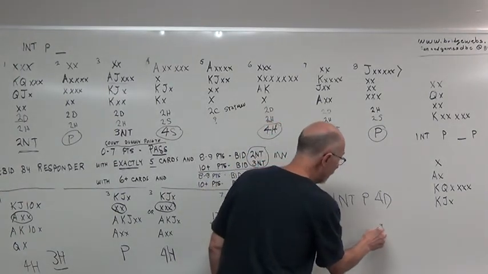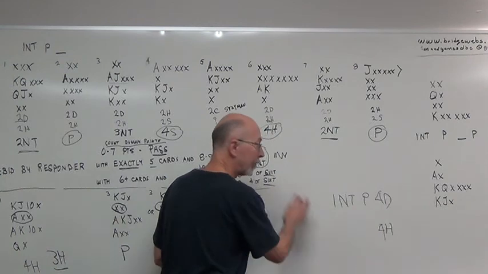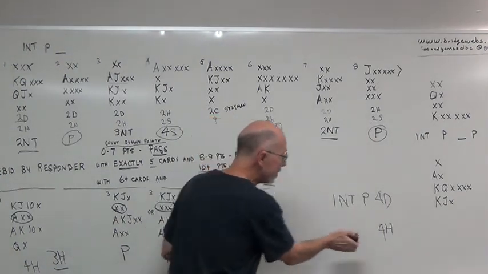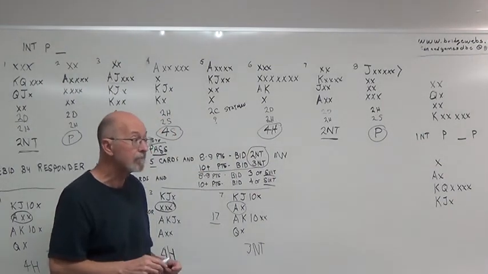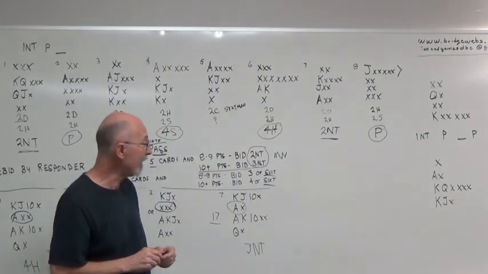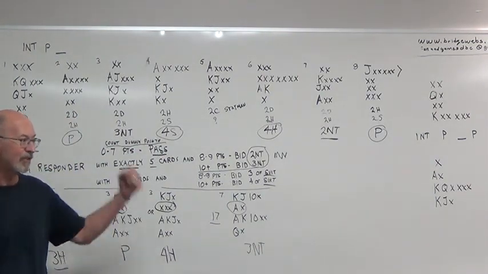That just forces your partner into game at 4 hearts. But you can accomplish exactly the same thing right here. That doesn't mean you can't use that if you want to. I just wondered if that was Jacoby or something. That's called a Texas transfer.